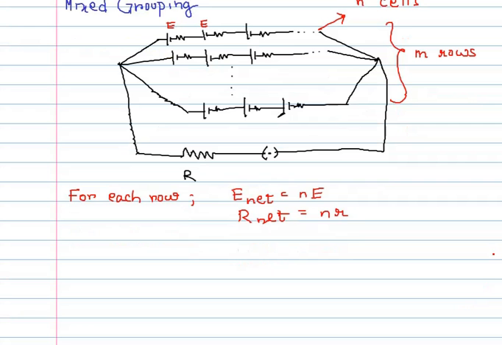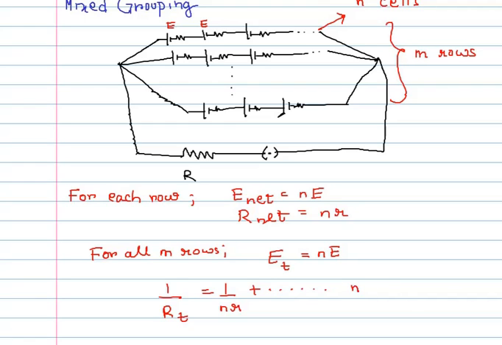And now when we look at the entire picture of all the m rows, for all m rows the EMF still remains nE because they are in parallel combination, and for the resistance, 1 by R T will be 1 by nr, and so on, added up to m terms.